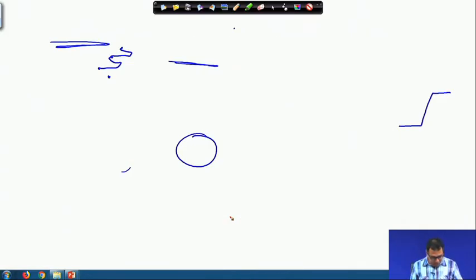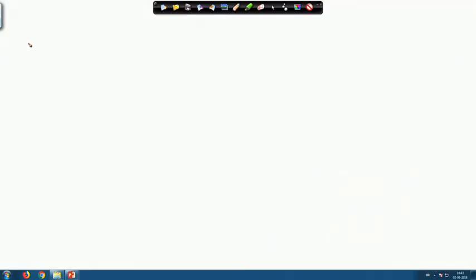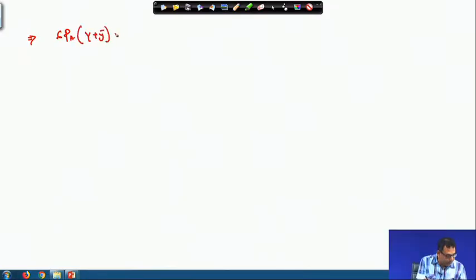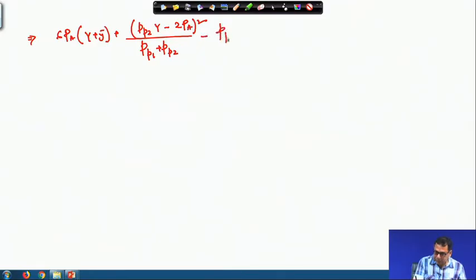So, this is another simplified form. Now I will take this final form and write this expression again: 6PA into capital Y plus y bar, plus PP2 into capital Y minus 2PA whole square, divided by PP1 plus PP2, minus PP2 capital Y square equal to 0.